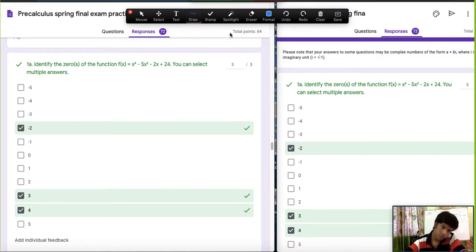Let me show you how to get them. As you can see, the answers here are minus 2, minus 3 and 4. Let's say why minus 2 is correct. If we put minus 2 here, minus 2 cube, then minus 5, you can check for all the values also.